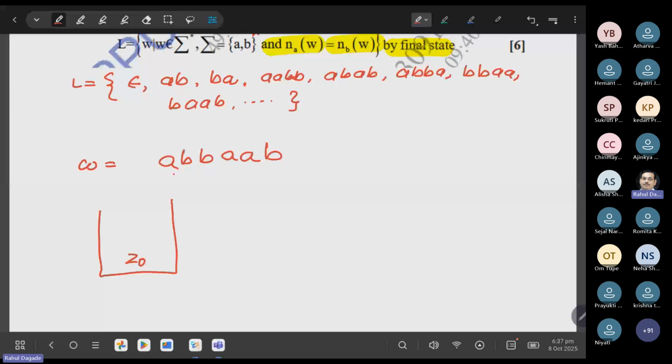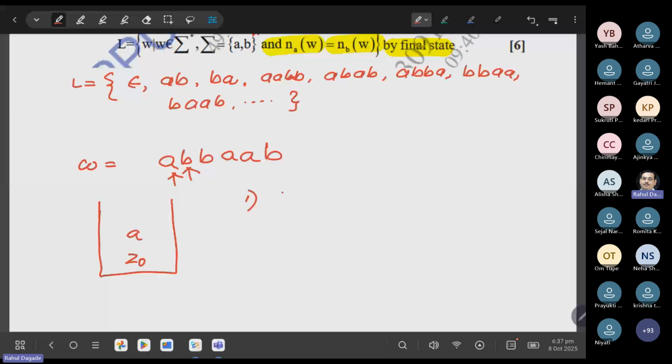Now my next input is B. So when I see B, I could see different things at the top of stack. Number one, I could see an empty stack. Second, I can see the same symbols, that is the input and top of stack are the same, input is equal to top of stack.